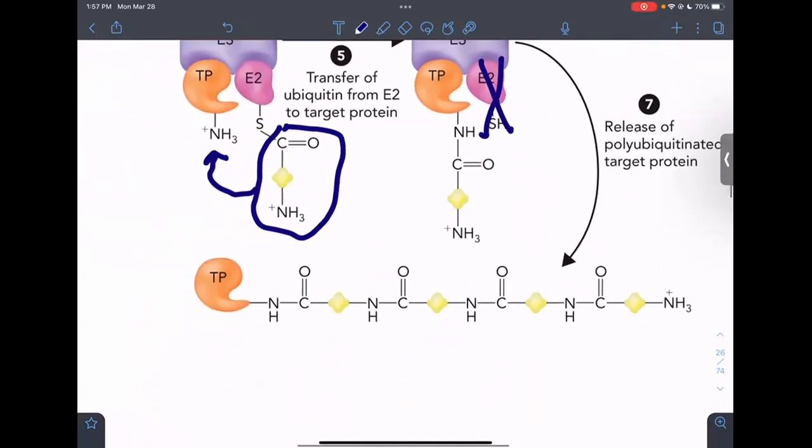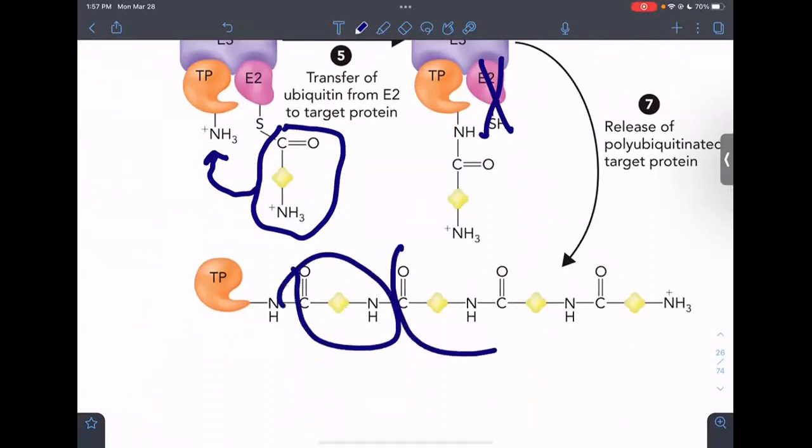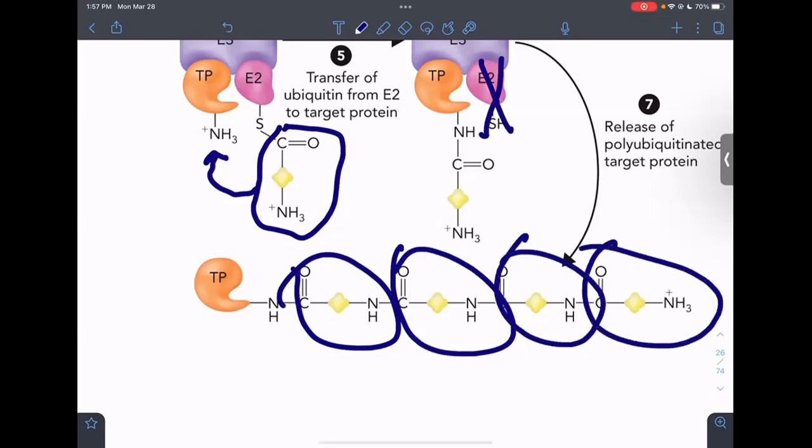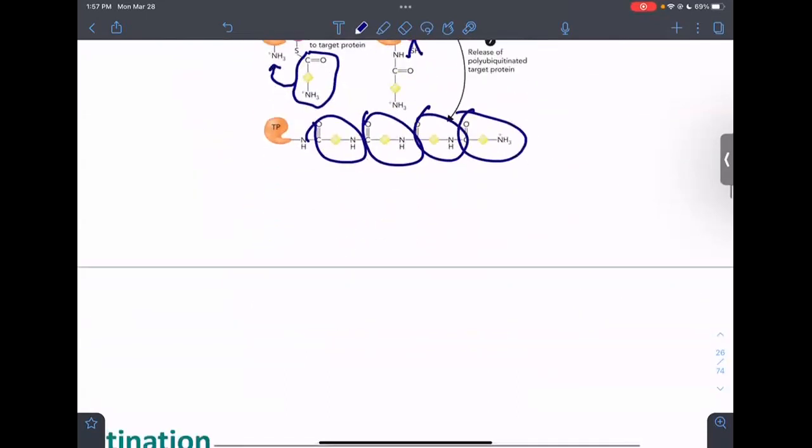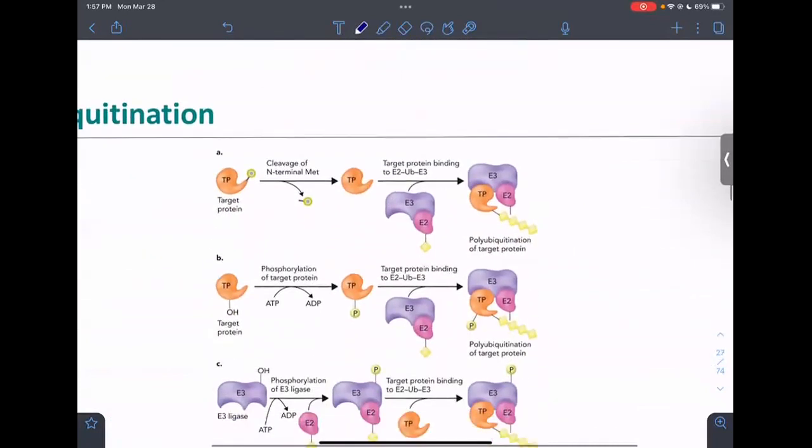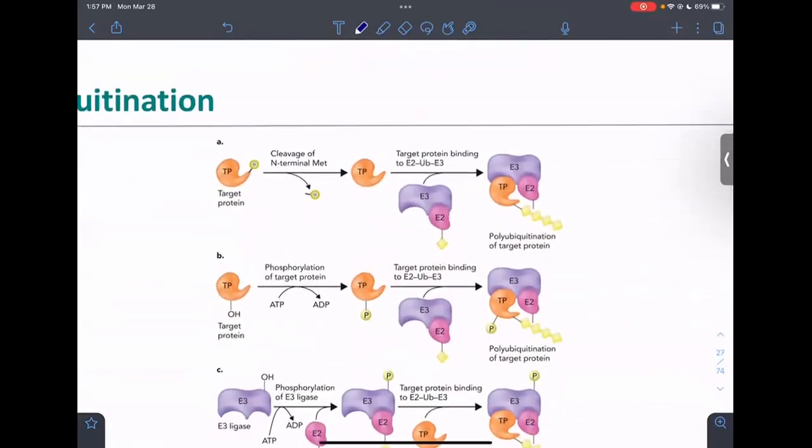So we end up with a molecule that has at least one, two, three, 4 ubiquitin molecules, because it must have at least 4 ubiquitins attached in order to be targeted for degradation. So how do you say this protein should be ubiquitinated? This protein needs to be degraded. Well, there are a couple of different things.